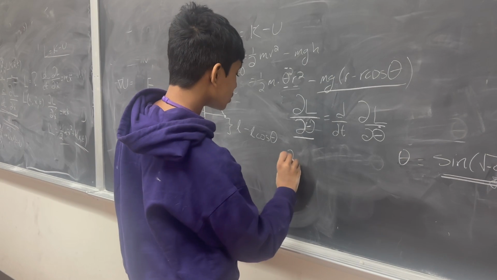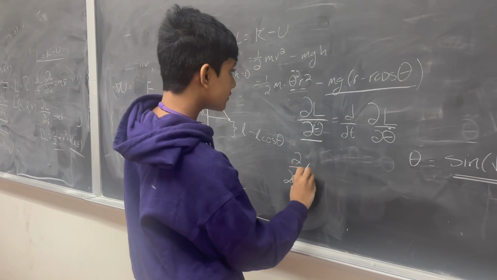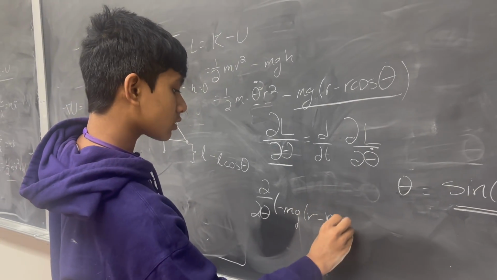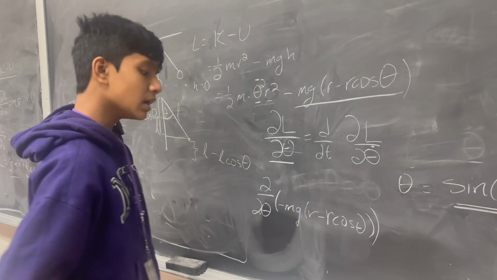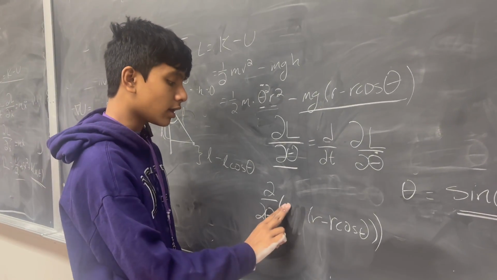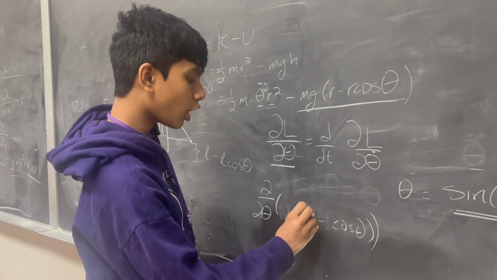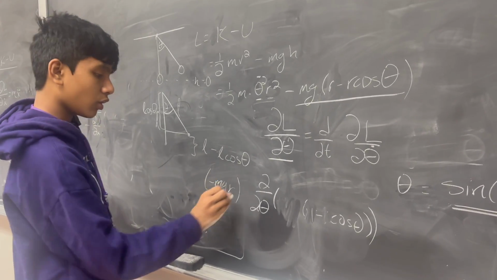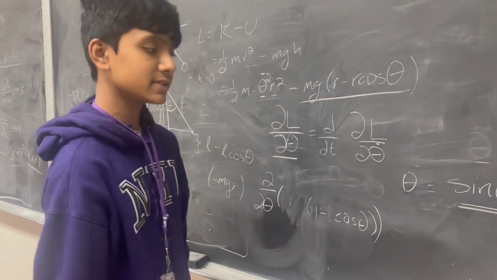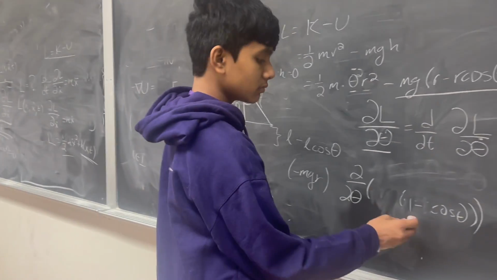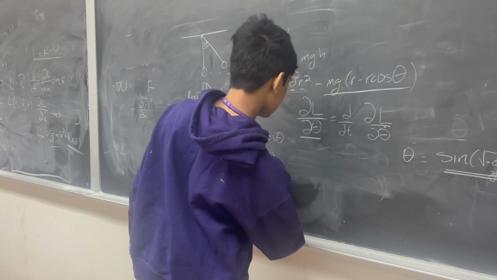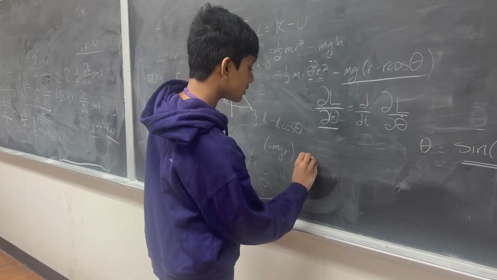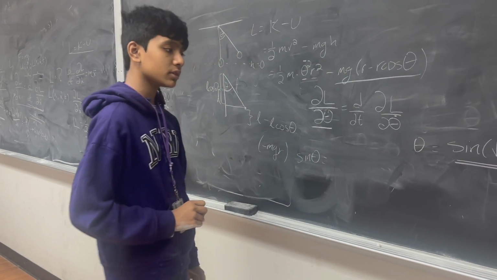We get partial theta of minus mg times r minus r cosine theta. By linearity, I'm going to take the constants of minus mg and r out of the equation, only leaving this, which is very easily differentiable, as sine theta, because the 1 goes to 0 and the negative cosine theta gets differentiated as sine theta. And of course, what is that equal to on the other side?